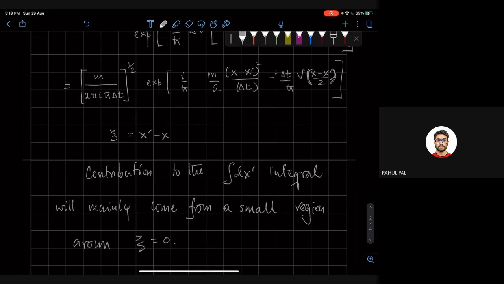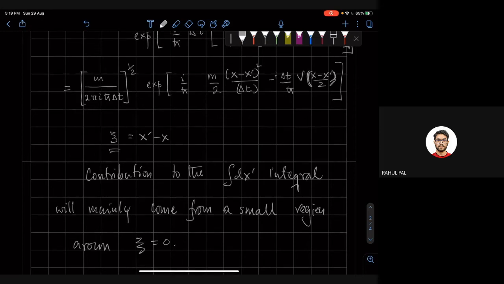This justifies taking psi to be small and doing an expansion of these terms in psi. That's the whole point of this.